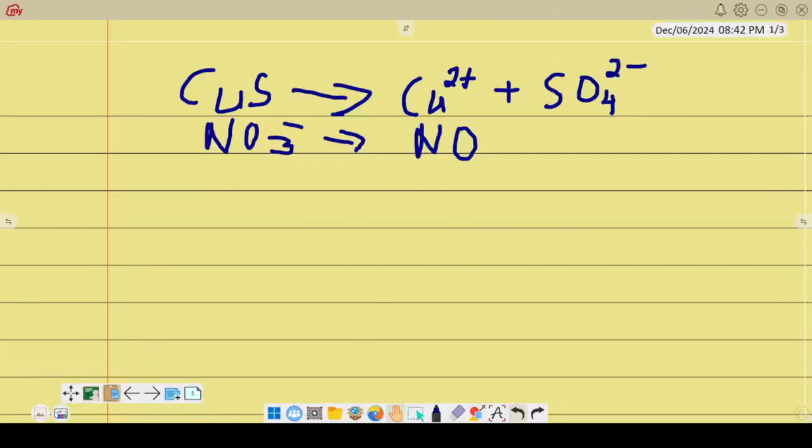Step 2 is where we balance things other than hydrogen and oxygen. So we balance everything except these two. We look at copper: here we have 1, here we have 1, it's balanced. Sulfur, we have 1, here it's 1, it's balanced.